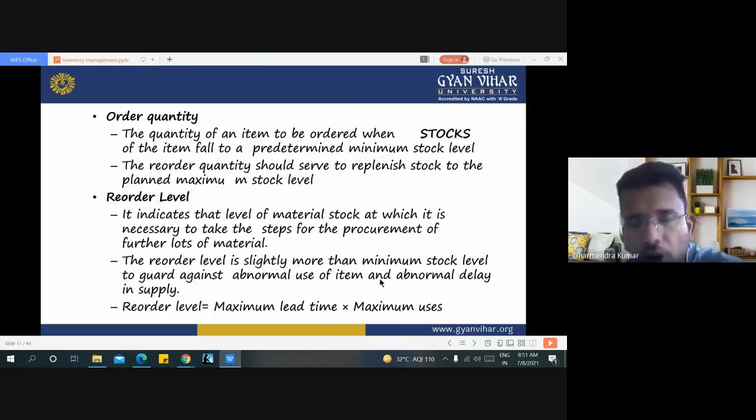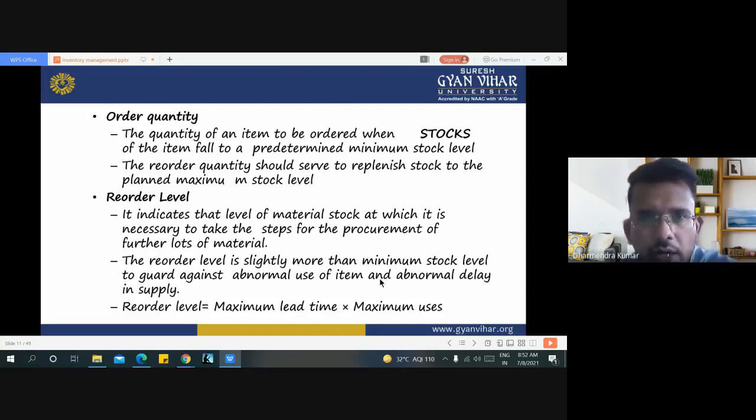This is the order quantity, the quantity of an item to be ordered when the stock of the item falls to a predetermined minimum stock level. We mark a minimum stock level in any inventory. When inventory comes to the minimum stock level, then we place a new order to avoid using the buffer stock.